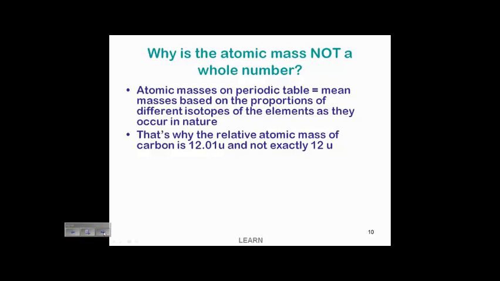When we're looking at oxygen, you can see 15.999: most of the isotopes of oxygen have 8 neutrons, but only a small number would not. And that gives us why the relative mass of carbon is given to us as 12.01, and it's not exactly 12.